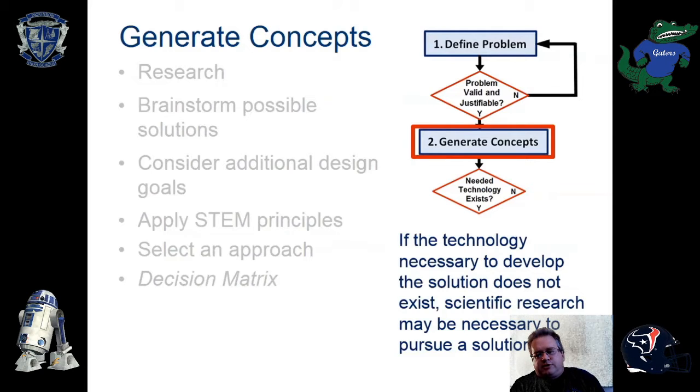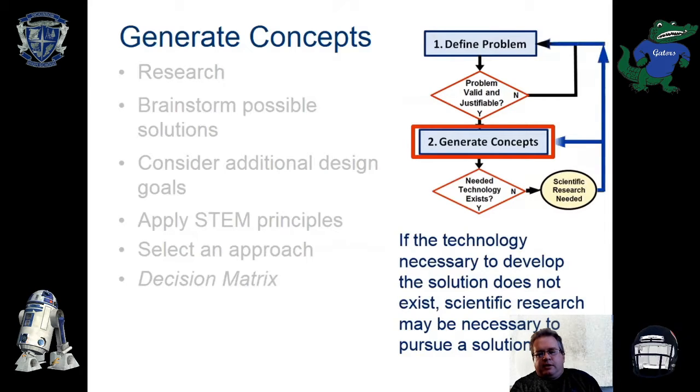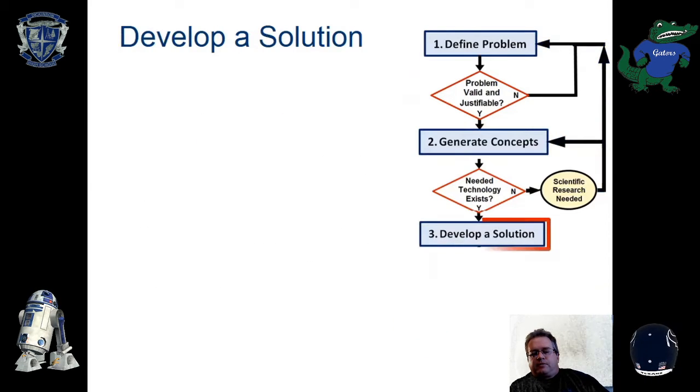So generate concepts. Needed technology exists? Yes. If the technology necessary to develop the solution does not exist, scientific research may be necessary to pursue a solution. So if you don't have the technology, in this case, let's say you don't have a backup control hub, which would be your technology that controls the flow of information going from your computer to your robot, you may have to develop other solutions, cut back on motors or whatever.